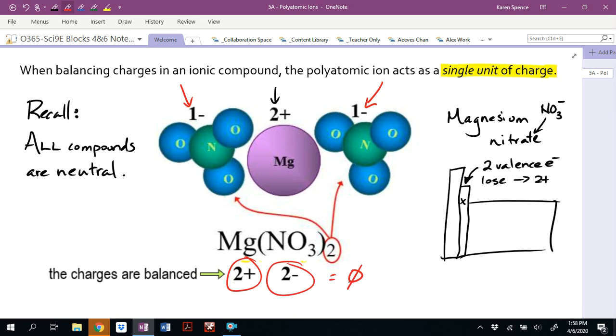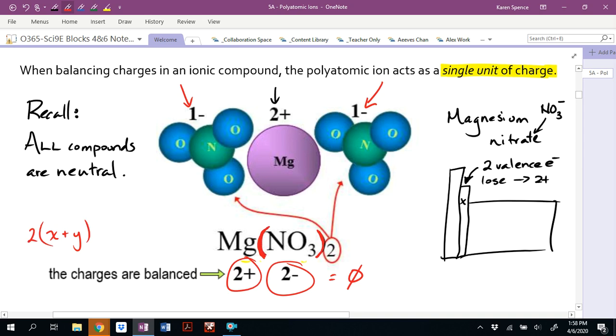One thing I want you to notice here, when I wanted to say that I had 2 of the nitrates, we put the NO3 into brackets there. Just like in math class, if you want to multiply an entire thing, you put it in brackets. So, let's say you had x plus y in a math class and you wanted to multiply the whole thing by 2, you'd put it in brackets and say 2 times that. Well, in chemistry, we do the same thing.